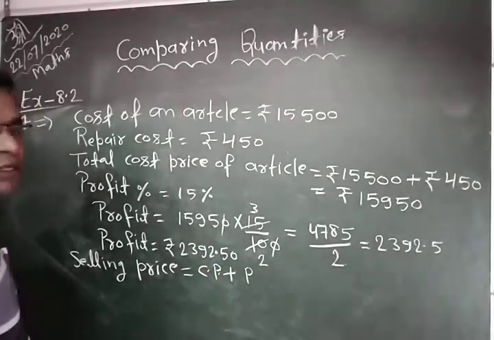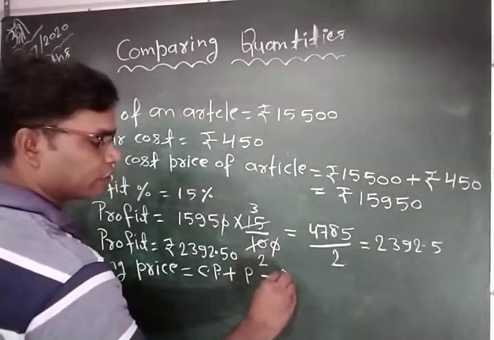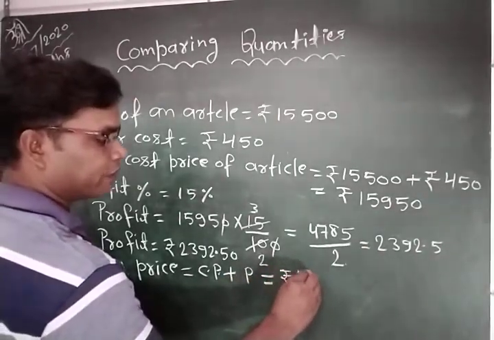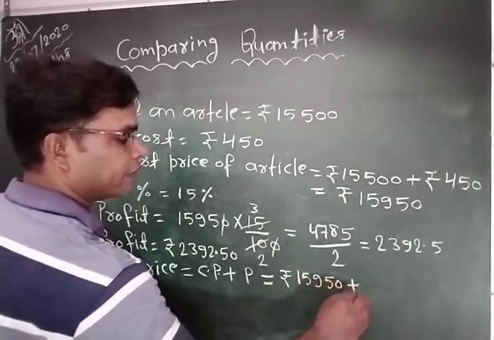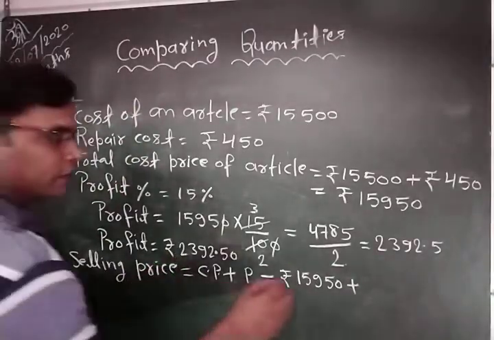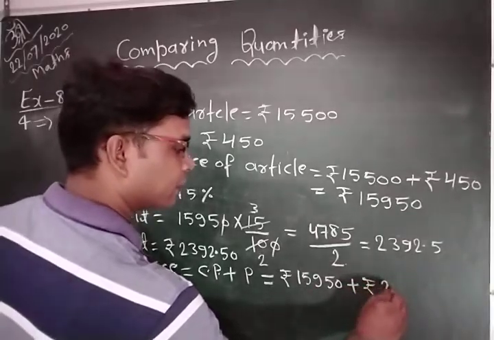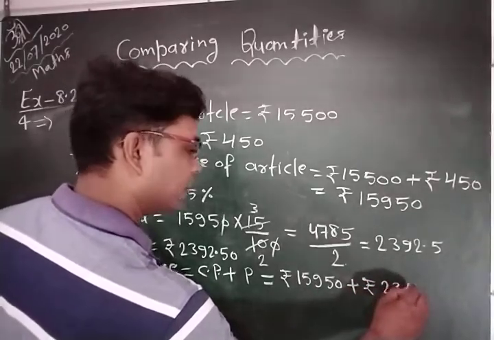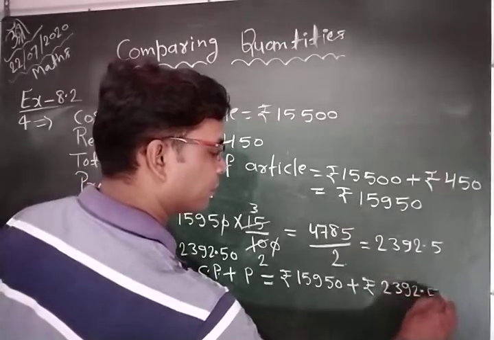Okay, so what is the cost price? Cost price is equal to rupees 15,950. And what is the profit? The profit we found here is rupees 2,392.50.